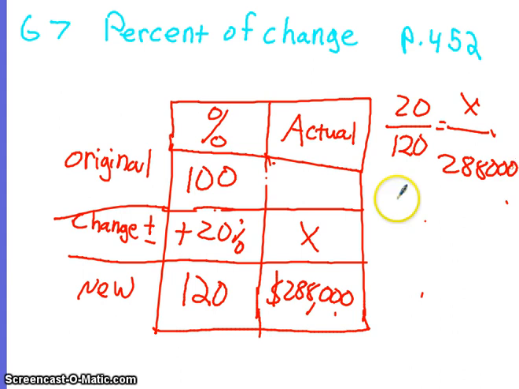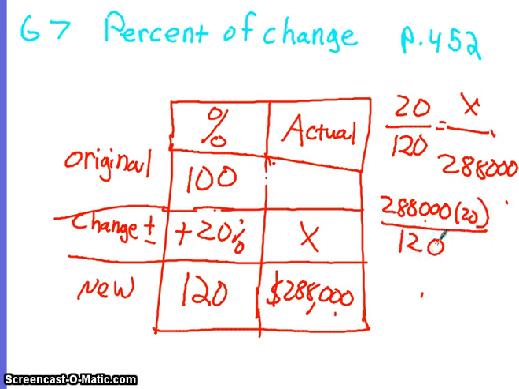Which means I have 288,000 times 20 divided by 120 to solve. But then you can take off a 0 from both sides if you want.